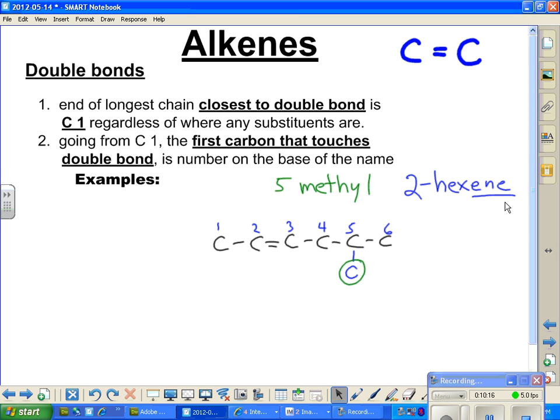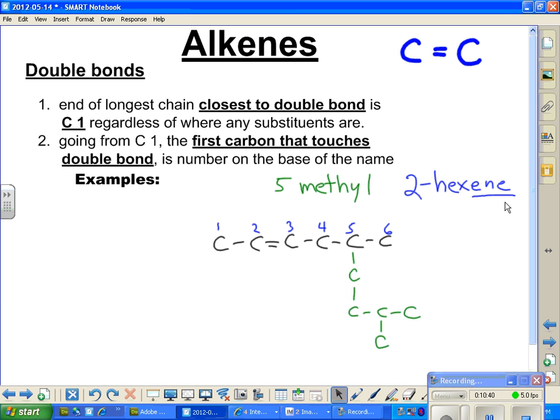Now, let's play with this a little more. I'm going to change this more radically than I did to begin with. 1, 2, 3, 4 carbons. And let's put a methyl right here. Now, let's see what we have.